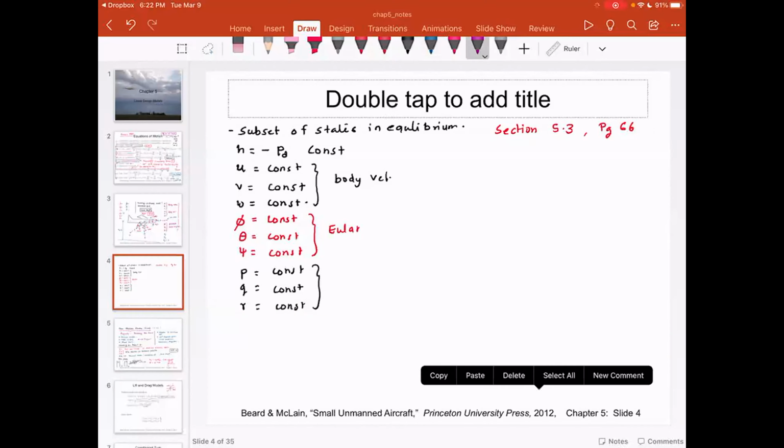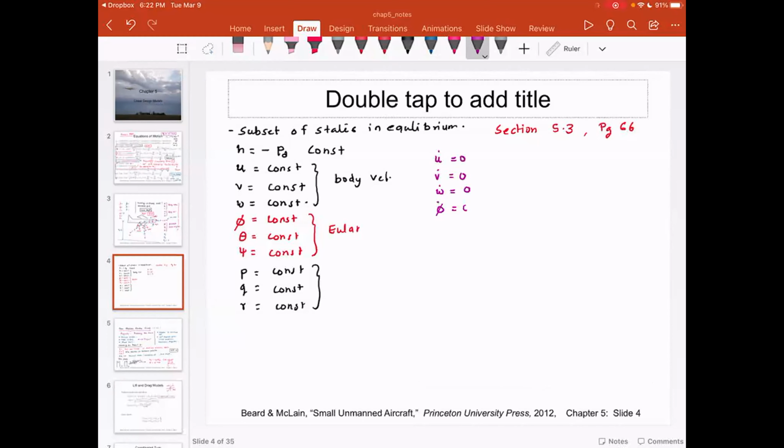So what it means is U dot is zero, V dot is zero, W dot is zero, phi dot is zero, theta dot is zero, psi dot is zero, P dot is equal to zero, Q dot is equal to zero, R dot is equal to zero. So this is the constraint.